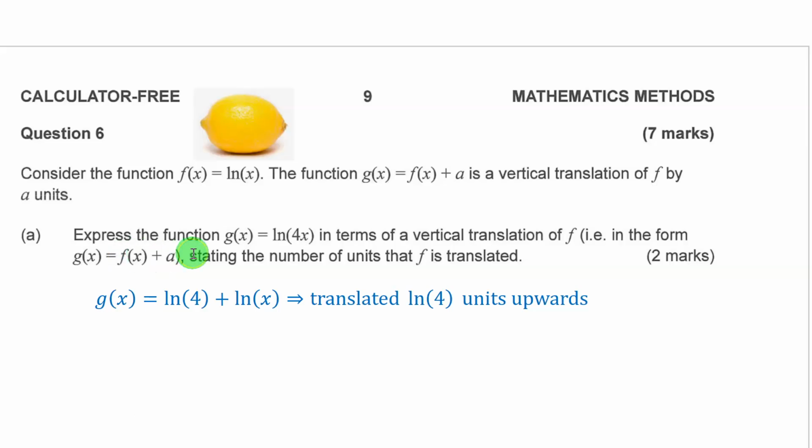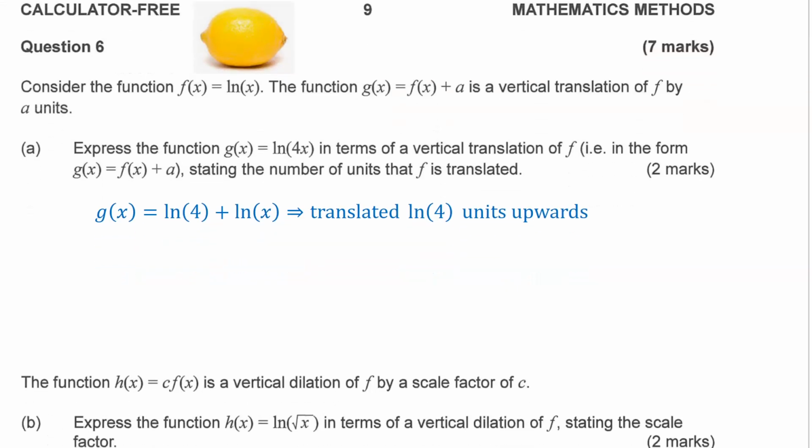So really all they're asking us to do is split this term up into log of 4 plus log of x, and then say it's a translation of log 4 units upwards, stating the number of units that f is translated. I'm guessing they wanted direction here, but anyway, maybe not. So that was the first 2 marks.